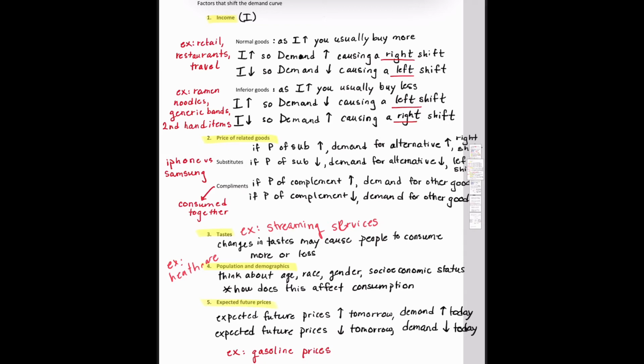If gasoline prices were expected to go up to $10 tomorrow, we would all stop what we're doing. You would stop watching this video. You would take every container out of your house and immediately go to the gas station and fill up every single container you owned with gasoline, right?